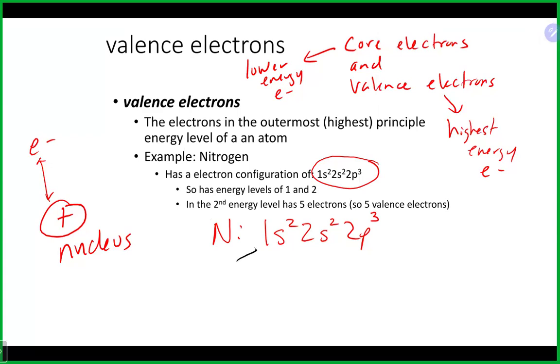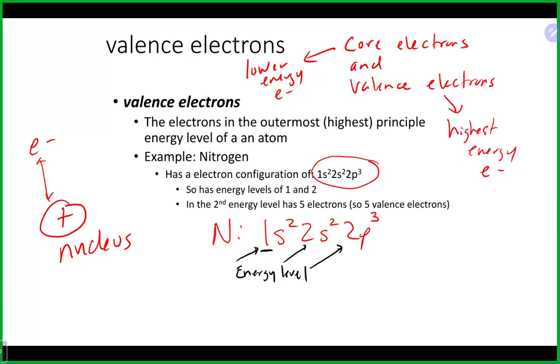Each of these first numbers is basically the energy level. So the 1, or the first energy level, is closest to the nucleus. And as it goes to energy level 2, 3, 4, 5, 6, and 7, you're getting further away from the nucleus.